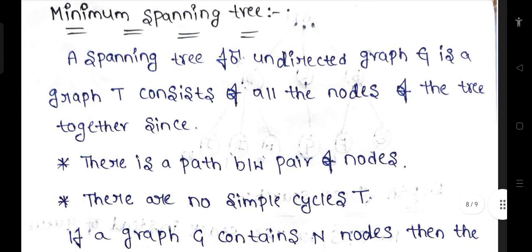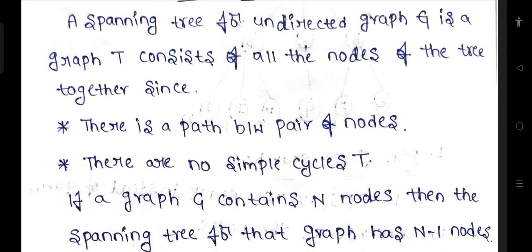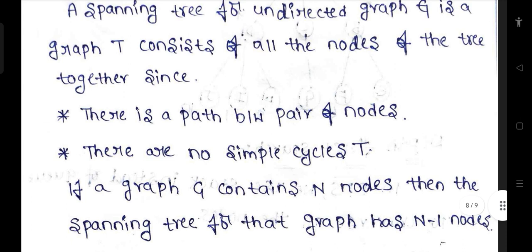A spanning tree from an undirected graph is a tree which consists of all nodes of the graph together. Since there is a path between every pair of nodes, there are no cycles. If a graph G contains n nodes, then the spanning tree for that graph has n minus 1 edges. Here is the formula for that: number of edges is n minus 1.